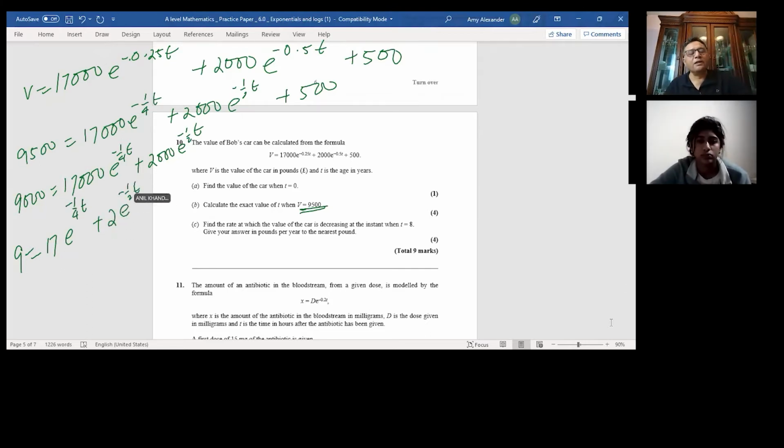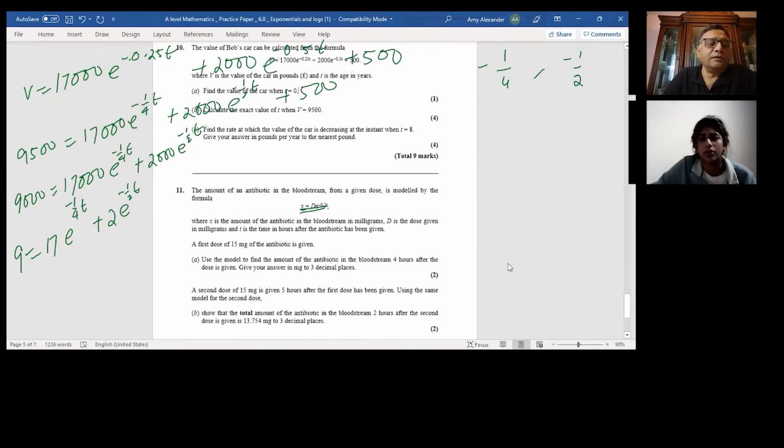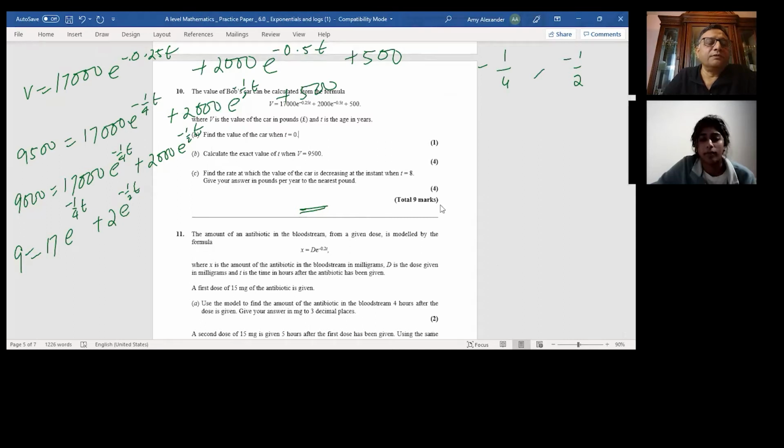So this is the place where we kind of get stuck. Think like this. We are looking at two terms, which are minus quarter and minus half. Is it okay? Yeah. So quadratic.